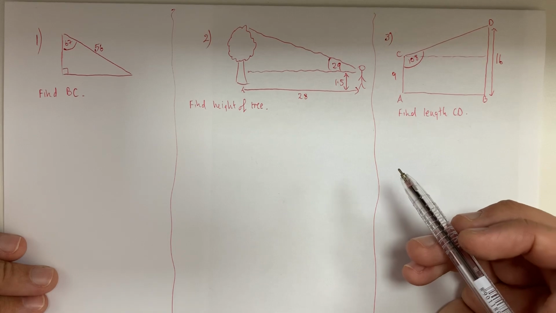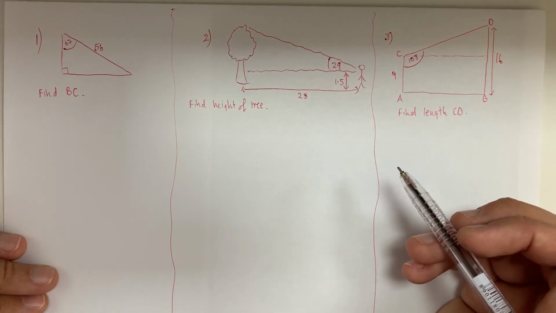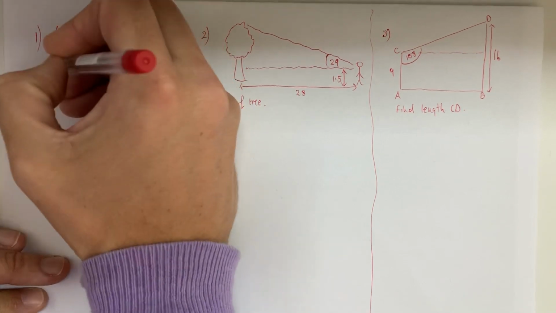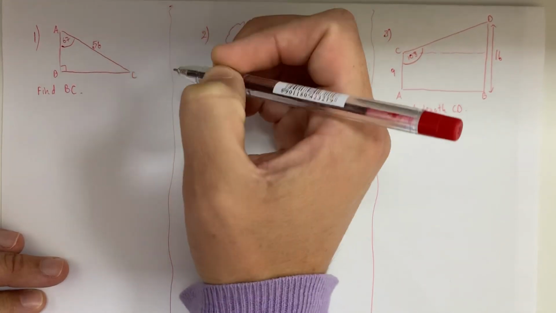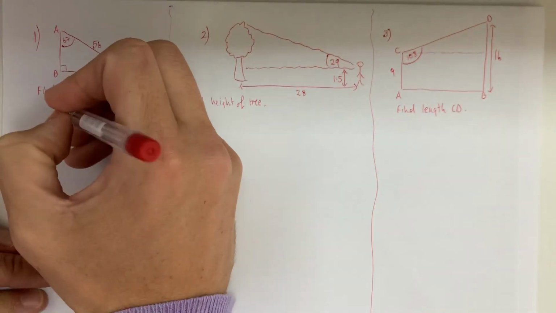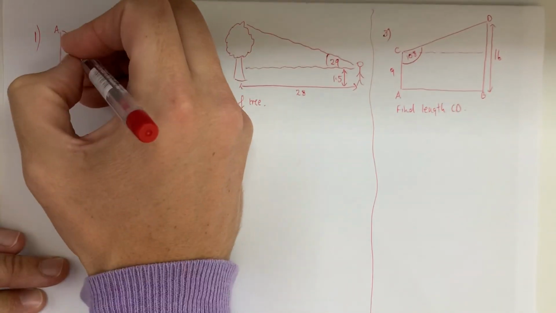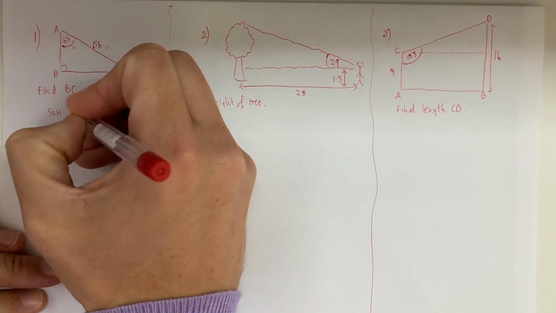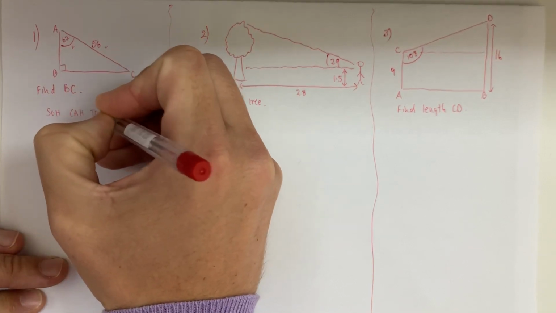So the first question is a simple right angled triangle and it asks you to find BC, where this is A, this is B and this is C. So, straight away, I know it's a right angled triangle, I have an angle and I have a side, so I'm going to do SOHCAHTOA.